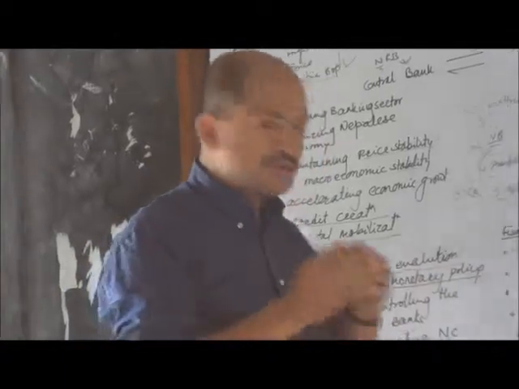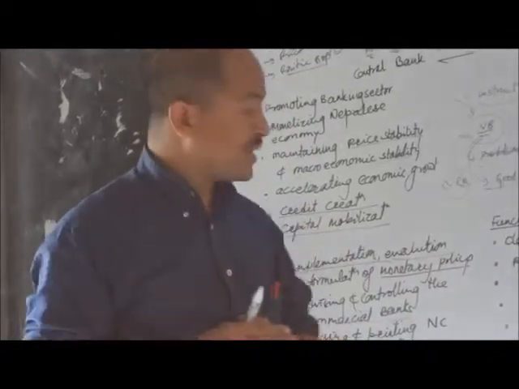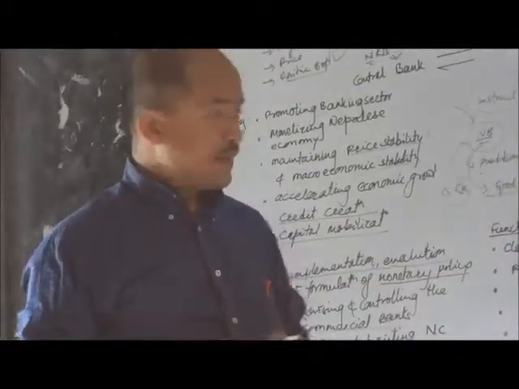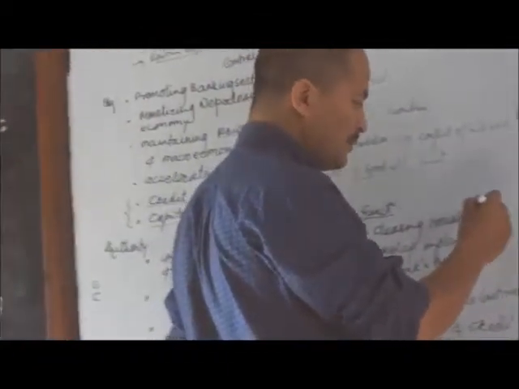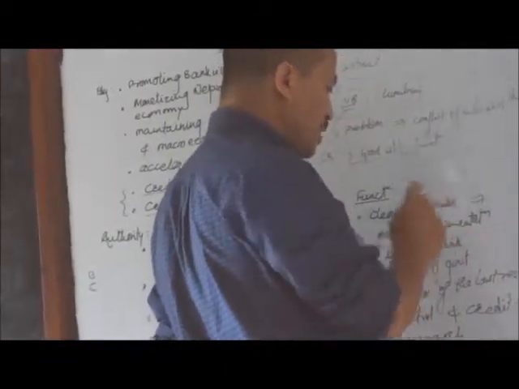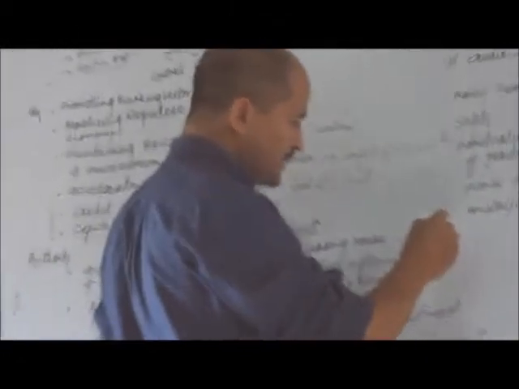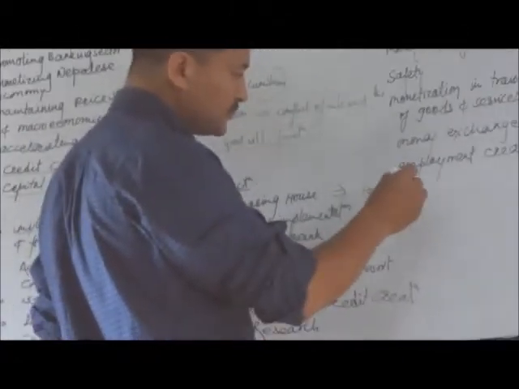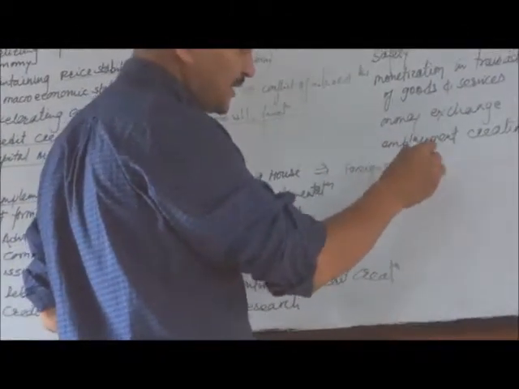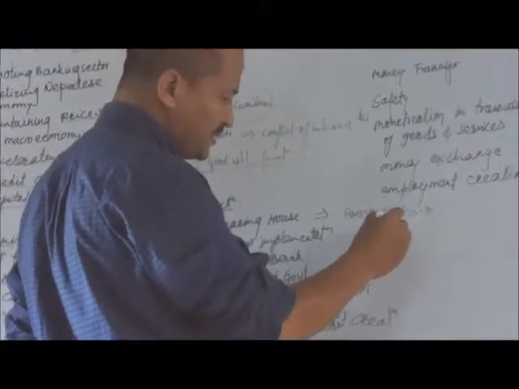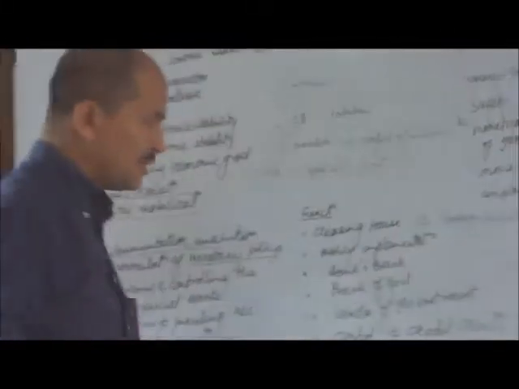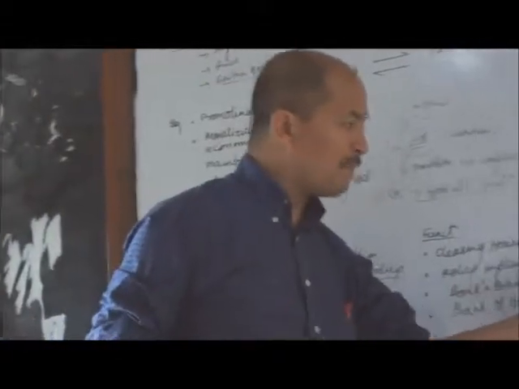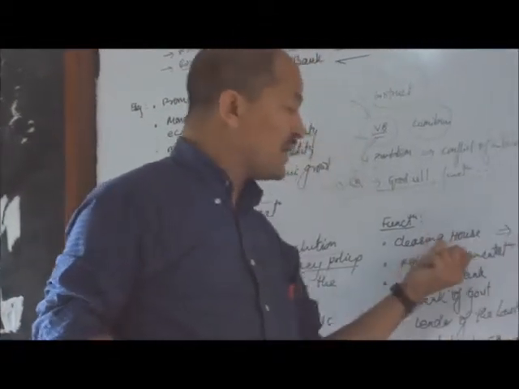You can find certain functions of the central bank, such as the clearing house. If you observe, there are certain types of foreign exchange bills, LCs, and other different types of things. If the commercial banks open them there, the central bank clears them.